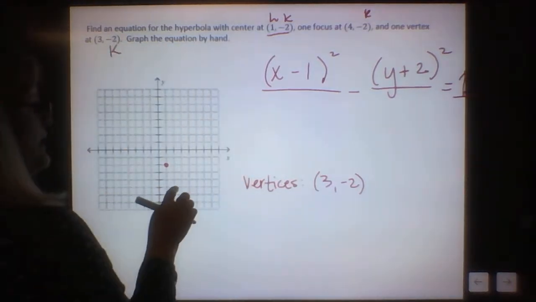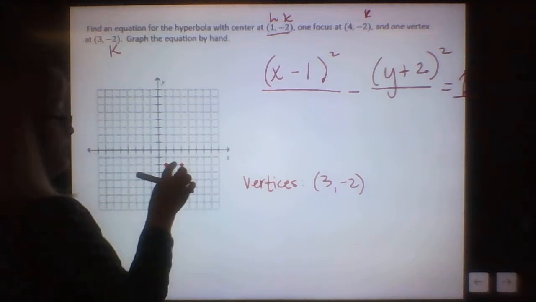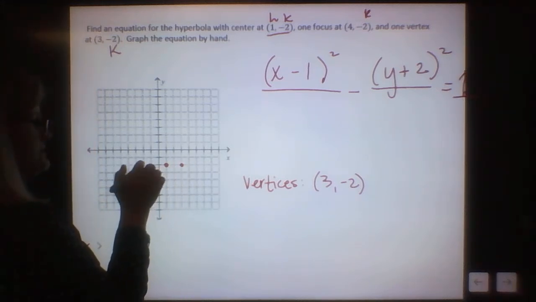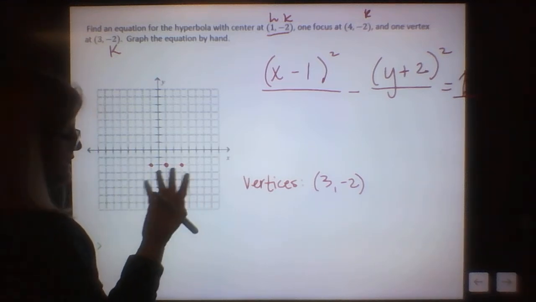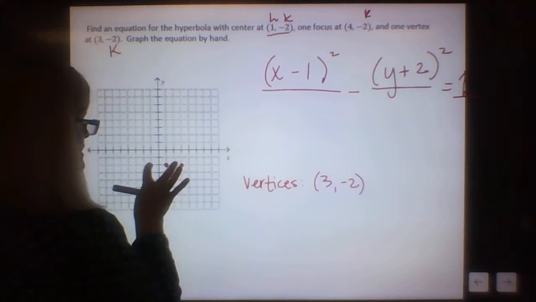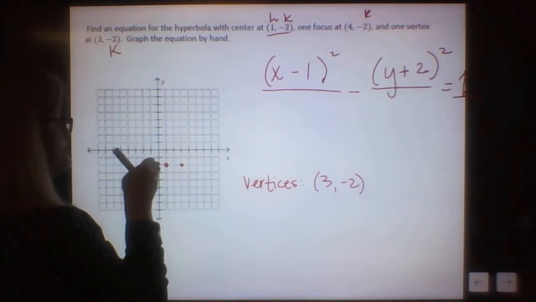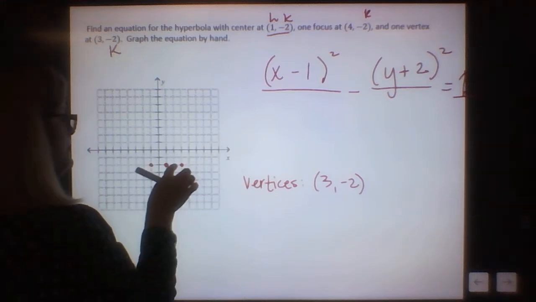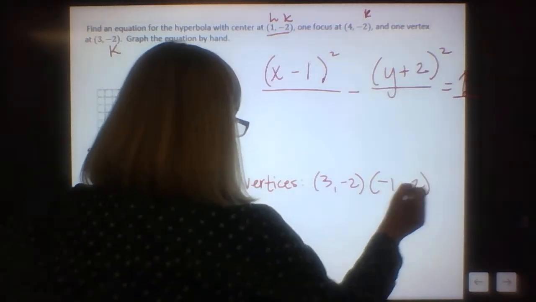I'm going to go ahead and put that. 1, 2, 3, 1, 2. How far away is that? 2. So the other one has to be 2 away, so the other one's going to be here. It's going to be symmetrical from the center. So 2 and 2. This is 3, negative 2, and this would be negative 1, negative 2.